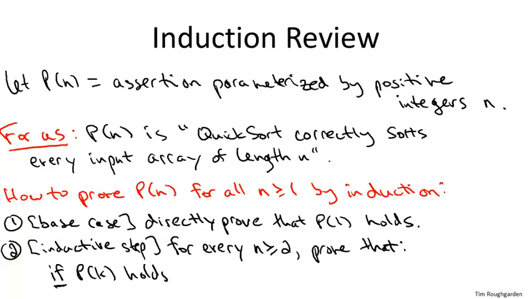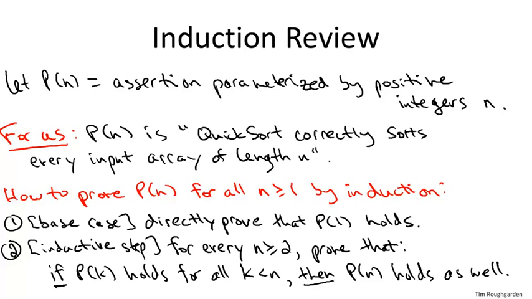That is, you show that for every positive integer n that's 2 or greater, you assume that P of k holds for all k strictly less than n, and under that assumption, which is called the inductive hypothesis, you then establish that P of n holds as well.